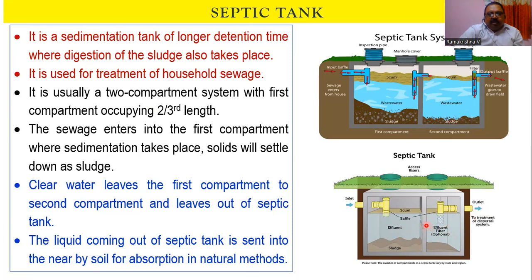Here a small opening is provided in the partition wall in this model, and here we can introduce an inverted pipe well below the top scum layer, so that this liquid can easily go out. Both are the same, but the option of moving liquid from the first compartment to the second compartment is changed.